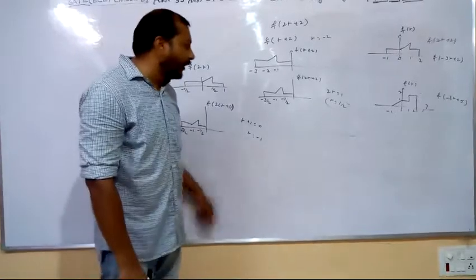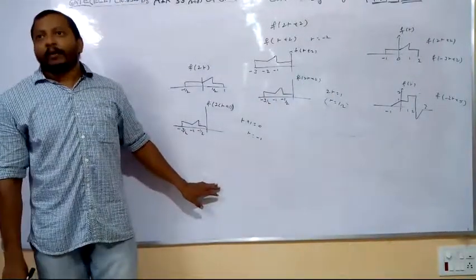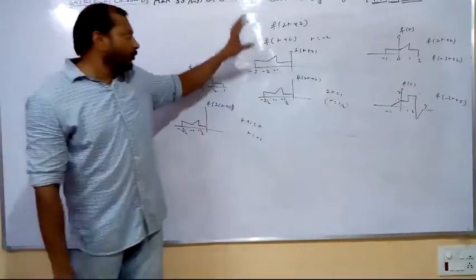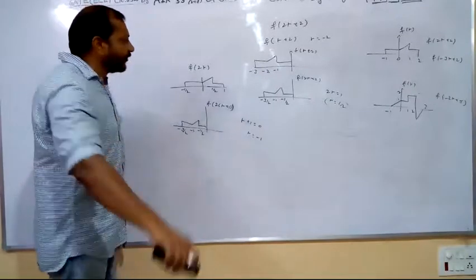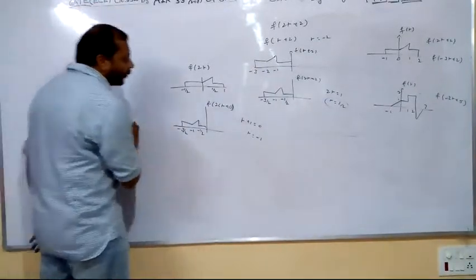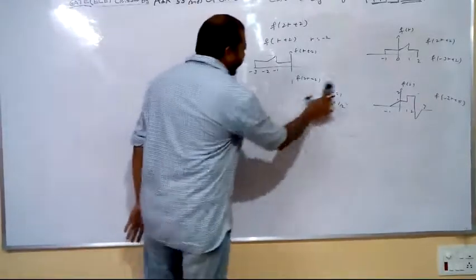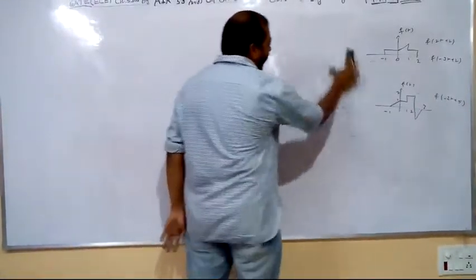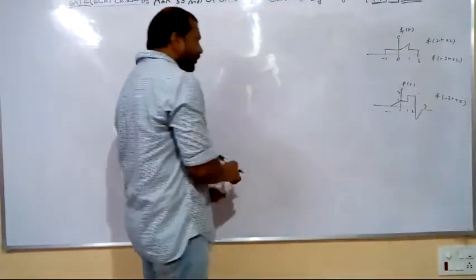In that situation you have to go with shifting followed by scaling. We will discuss the reason again in the discrete signal part, no problem. Now coming to the next one, f of minus 3t plus 2.